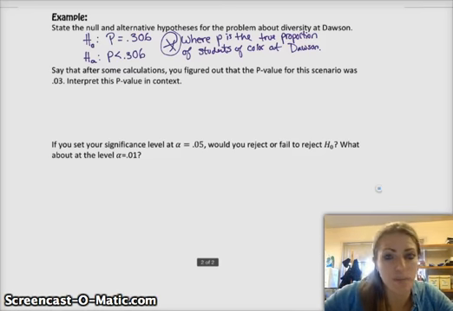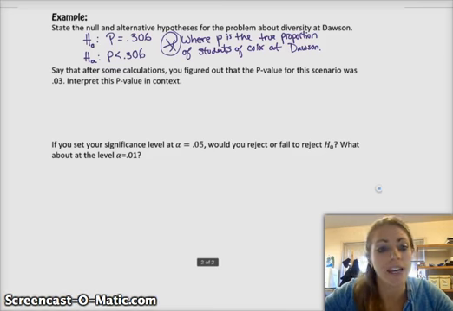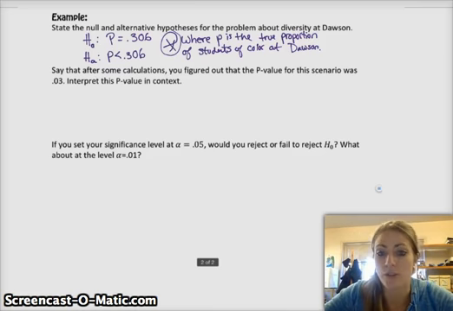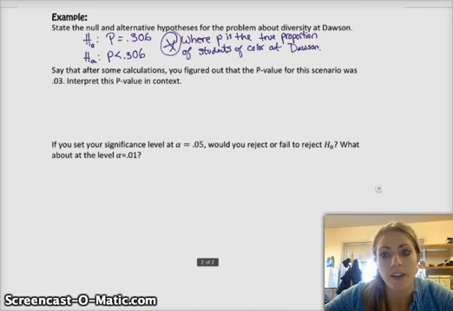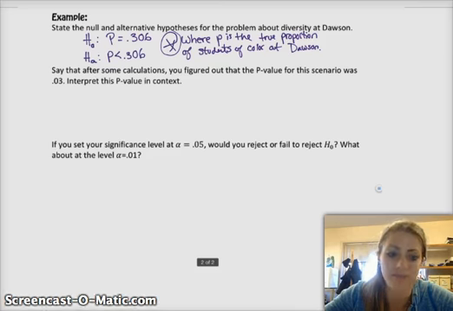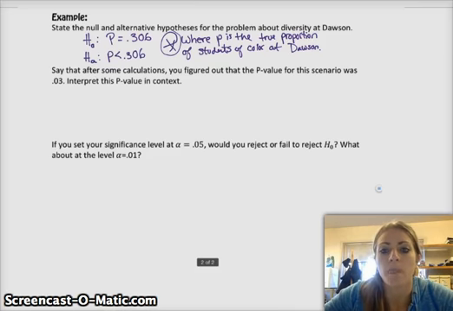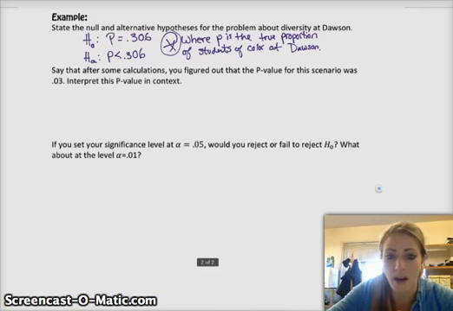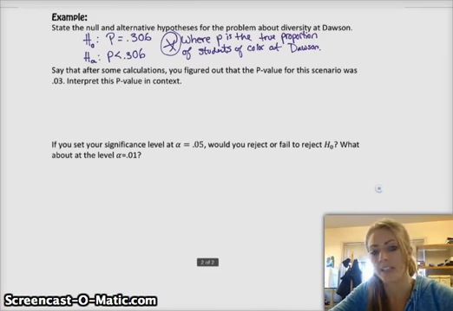And basically all that 0.03 means is that, assuming that the null hypothesis is true, so assuming the true proportion of people of color at Dawson is 30.6%, then the probability of getting the statistic that they got, which we don't know yet because I didn't give it to you, would be only 3%. So that's a pretty small amount, but that's how you would interpret it in context.